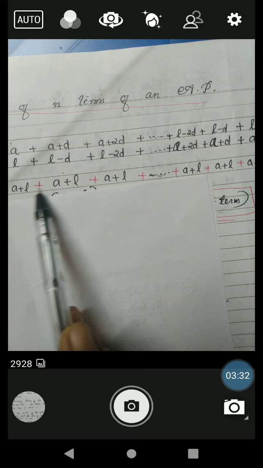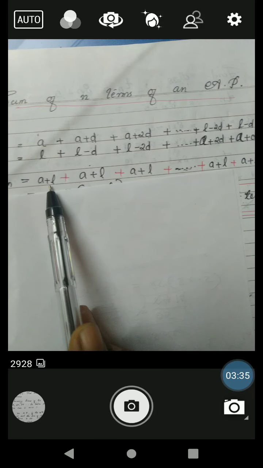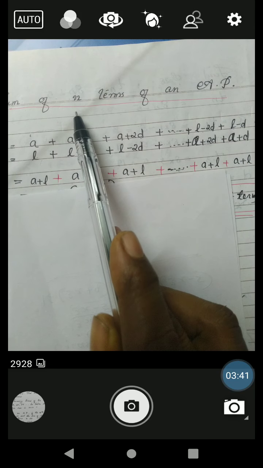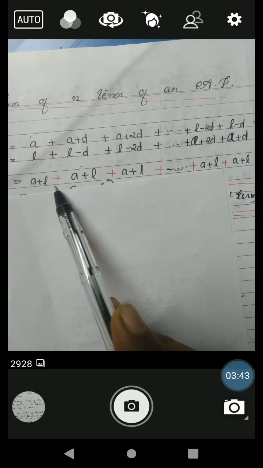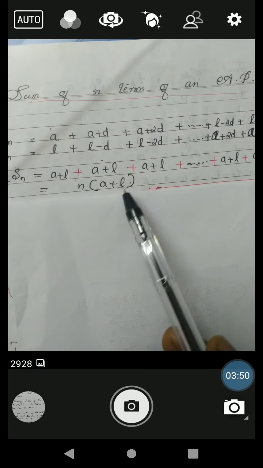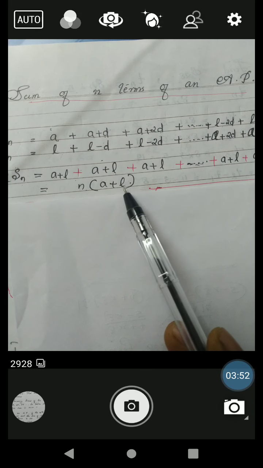Now, you can see how many A plus L there are. How many terms are there? The number of terms is n. Therefore, n into A plus L. Sum is n into A plus L, where L is the last term.